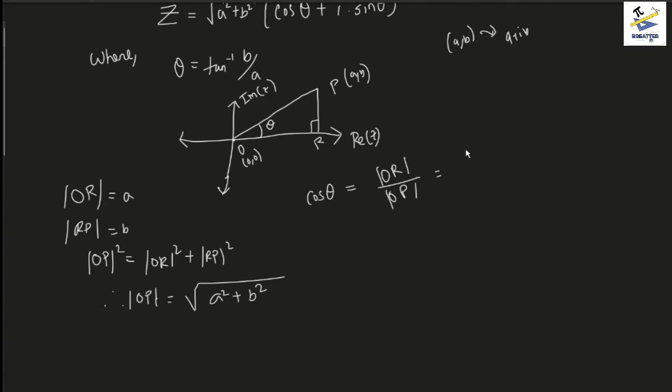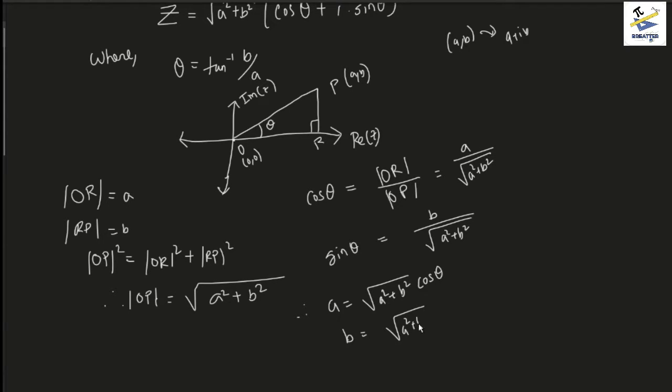OR is basically a, and OP is root over of a square plus b square. Similarly, sin theta is b by root over a square plus b square. From this we get that a is equal to root over of a square plus b square cos theta, and b is equal to root over a square plus b square sin theta.